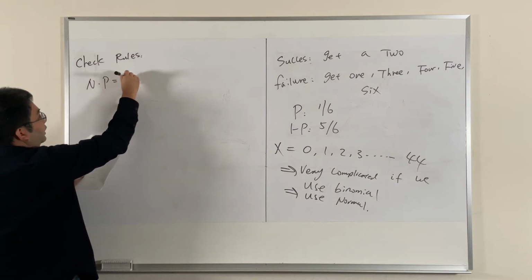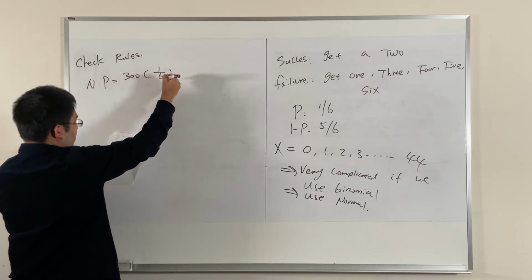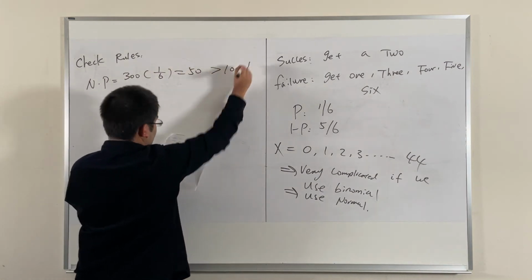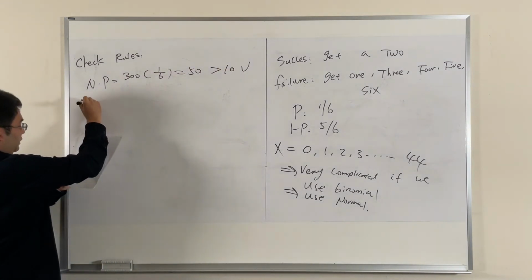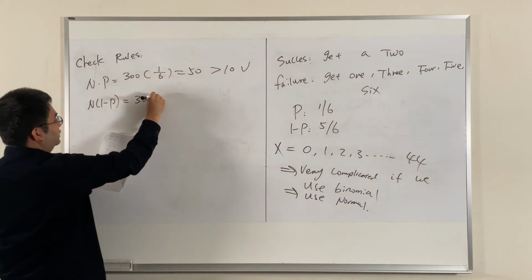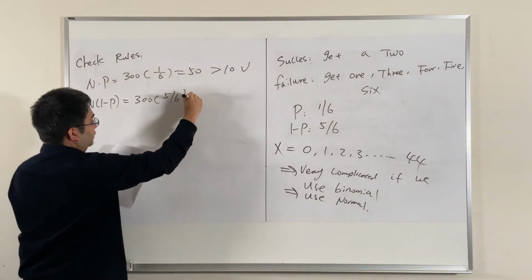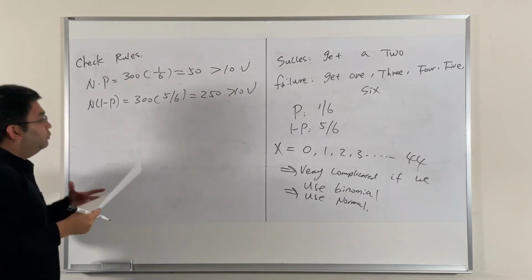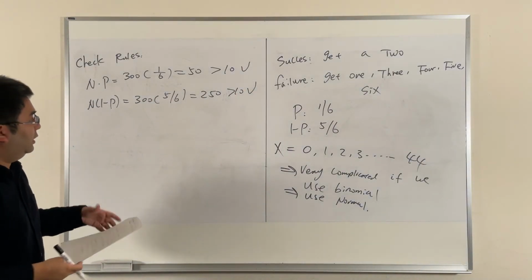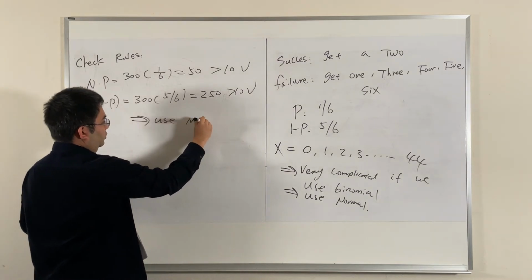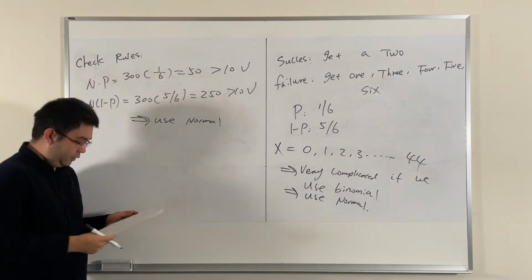That equals 300 times 1/6, which equals 50. Greater than 10. Check. n times 1 minus p equals 300 times 5 over 6 equals 250. Greater than 10. Check. So both conditions are satisfied, and we're able to use normal distribution to solve this question.